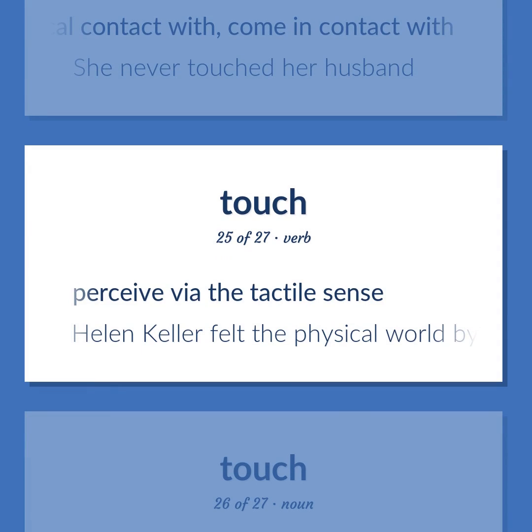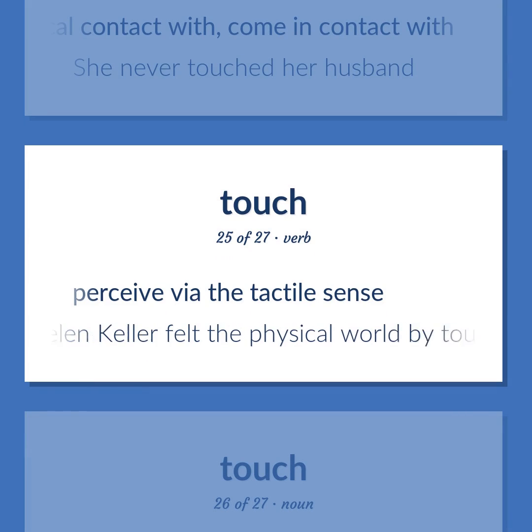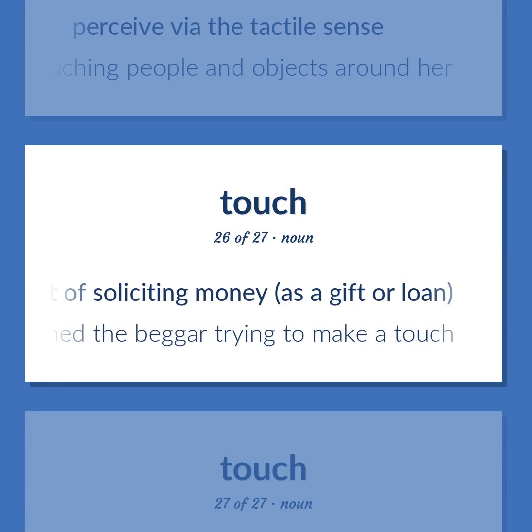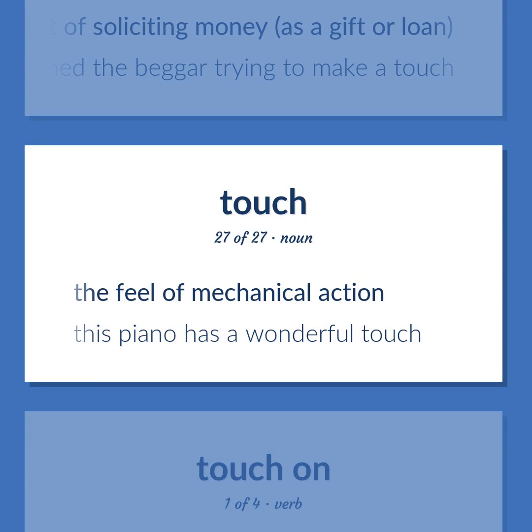Perceive via the tactile sense. Helen Keller felt the physical world by touching people and objects around her. The act of soliciting money, as a gift or loan. He watched the beggar trying to make a touch. The feel of mechanical action.